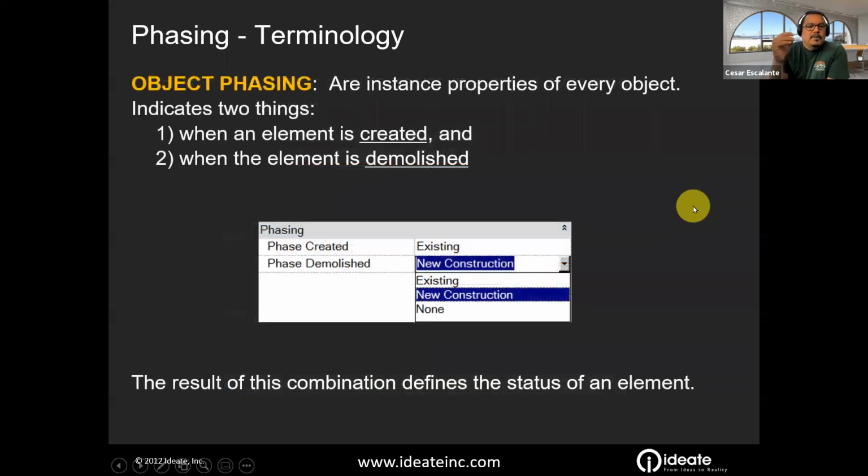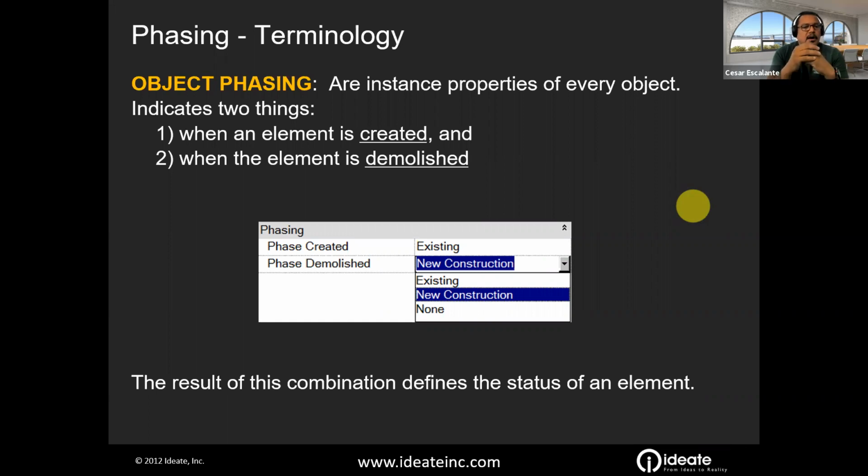All right, the other one, all these terms are definitely Revit terms. So we have to put it in the context of the software, not in the context of our real world. Object phasing are instance properties of every object. And it's a combination of two different parameters. One indicates when an element is created and when an element disappears or is demolished.